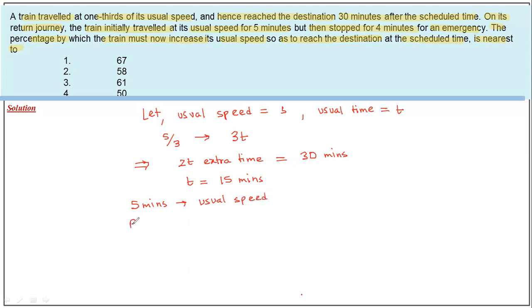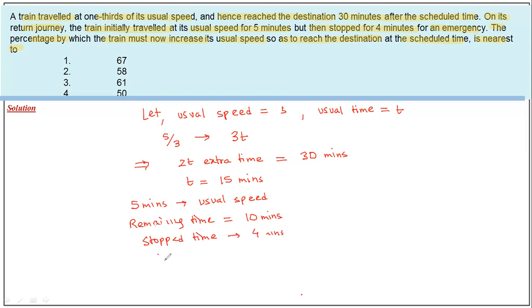So remaining time would be equal to 10 minutes, which the train needs to travel at its usual speed. But stopped time due to emergency is given as 4 minutes.